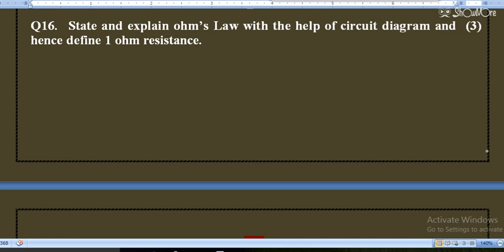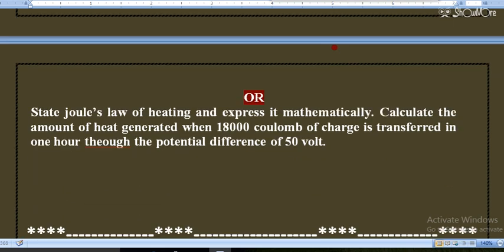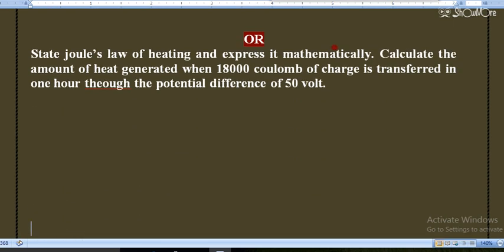Now question 16 has a choice also. The choice is to state Joule's law of heating, and then find the amount of heat generated. Firstly, Joule's law states that heat generated in a resistance is directly proportional to time, that is, for how much time electric current will be flowing.